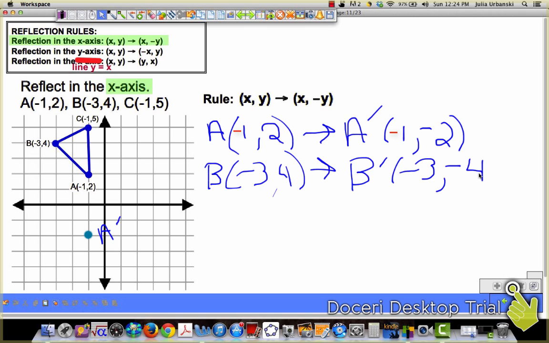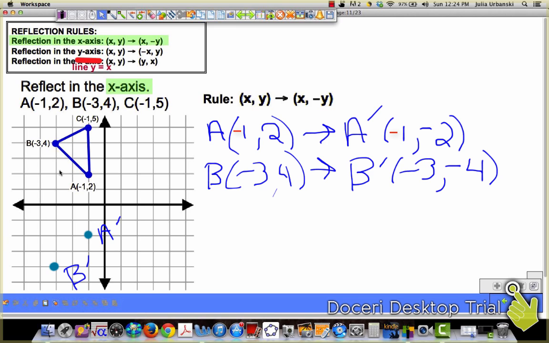And that's where our new result, our image, comes from. B prime is going to be over here at negative 3, then 1, 2, 3, 4 down, negative 4 right here. And that is going to be B prime.